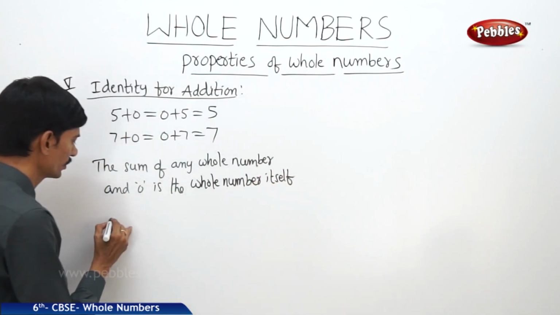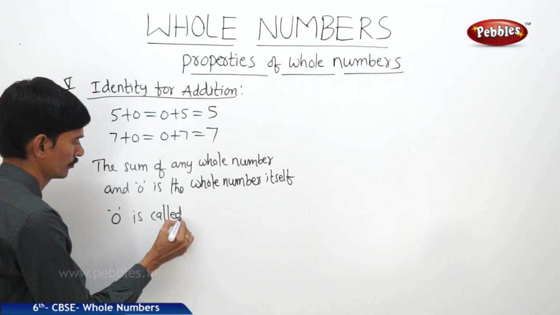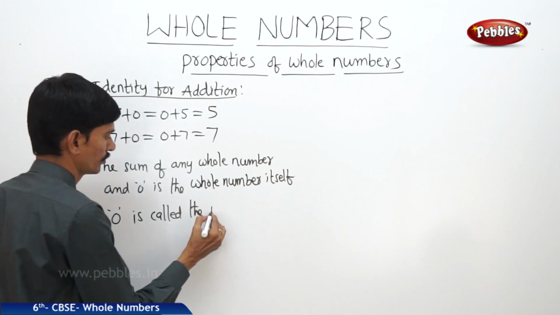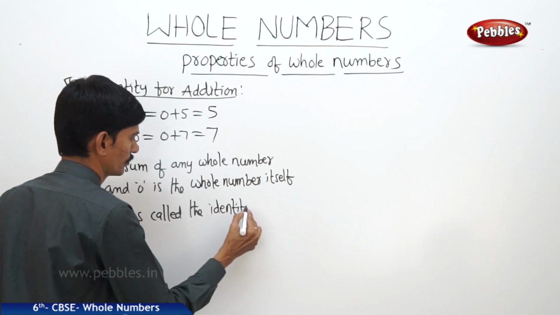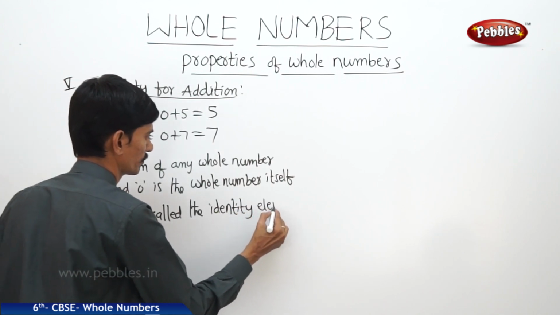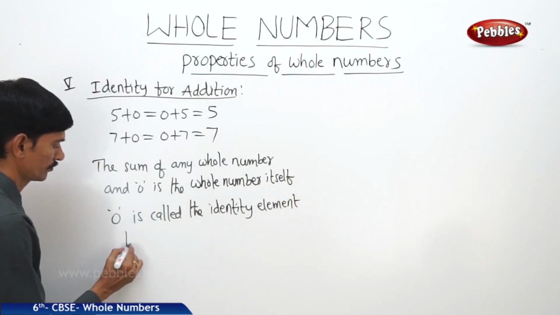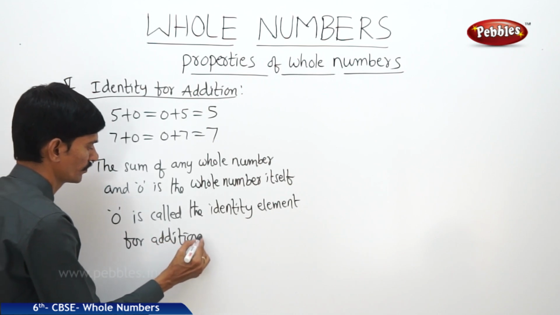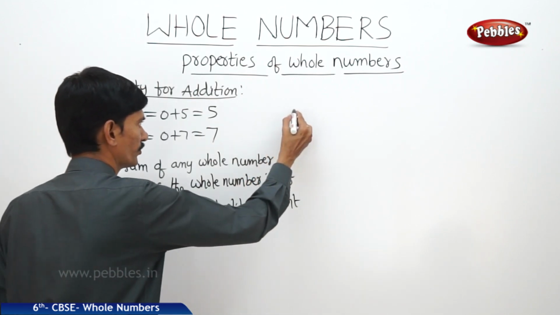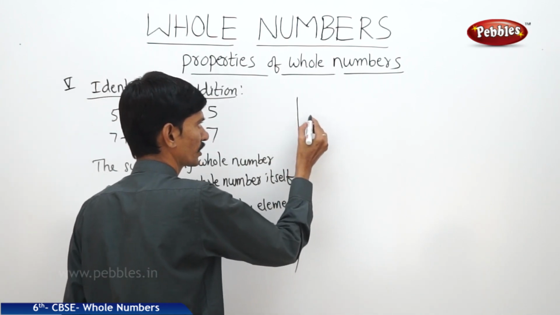So here 0 is called the identity element for addition. And if you multiply any whole number by 0, then we will get the product as 0.